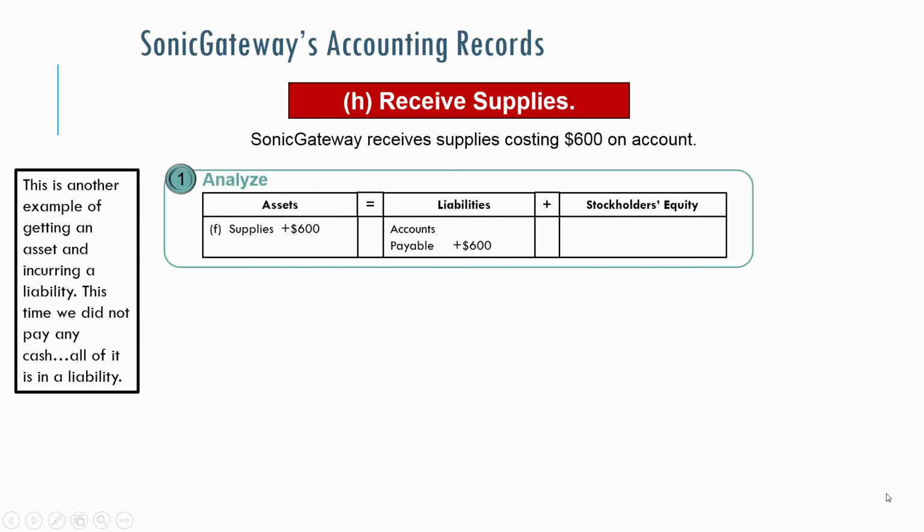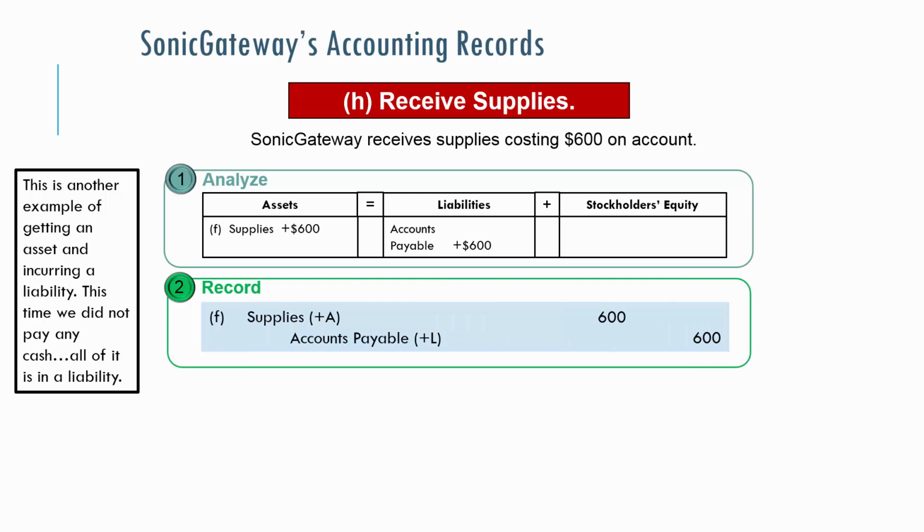We bought supplies. The supplies were on account. We didn't pay for it with cash. We put it on our account. So when we do this, our assets go up, our liabilities go up. And since all of this to the right is increasing and has a normal balance as a credit, we end up with the credit for 600, and the asset has an increase on normal balance on the left, which is a debit.